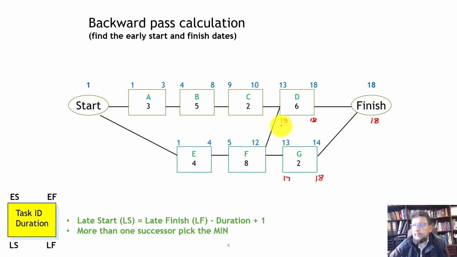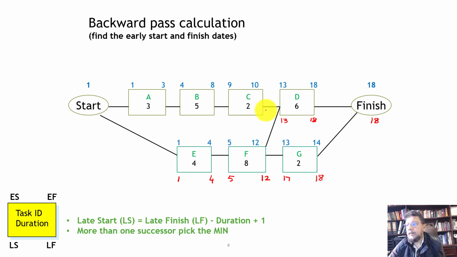And 1 day before 13 is what we're going to pick, so that becomes 12. And then 12 minus 8, 4 plus 1, that becomes 5. And the day before that is 4, so 1 day before. And then again, that's 4 minus 4 plus 1, that's 1.